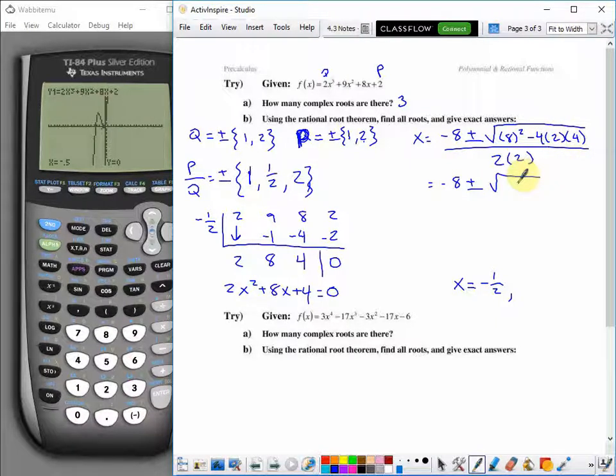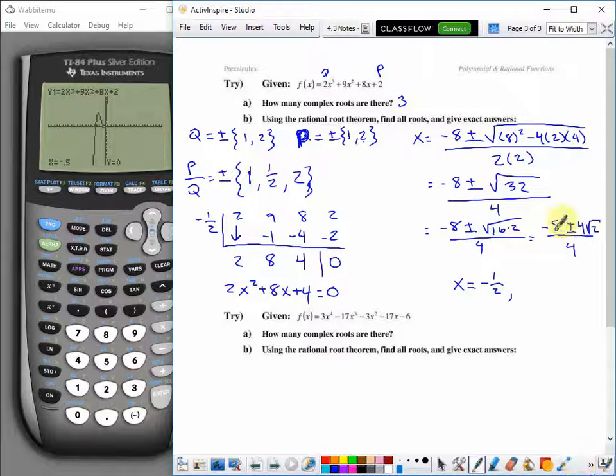So we've got a 32 here, all over 4. Okay, so any square numbers that go into 32, 16 comes to mind. So negative 8 plus or minus square root of 16 times 2 over 4, which is negative 8 plus or minus 16 square root is 4, so 4 root 2 over 4.